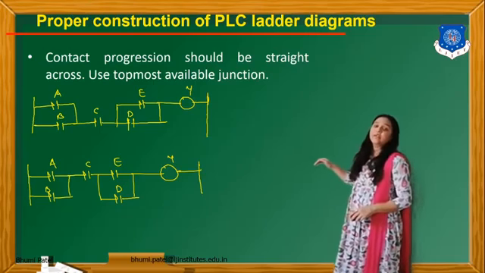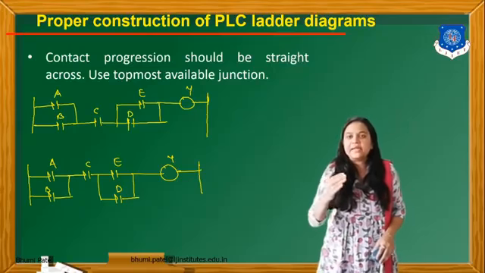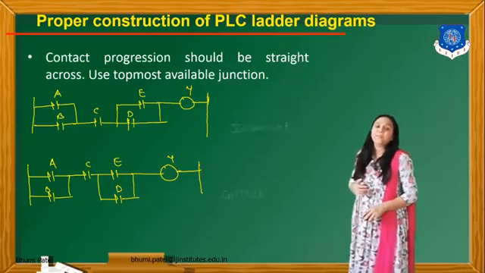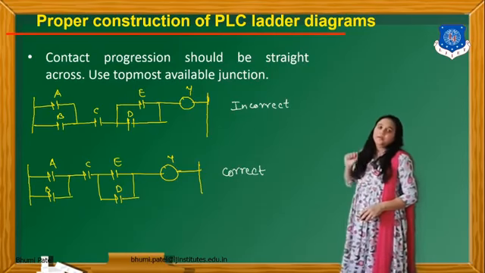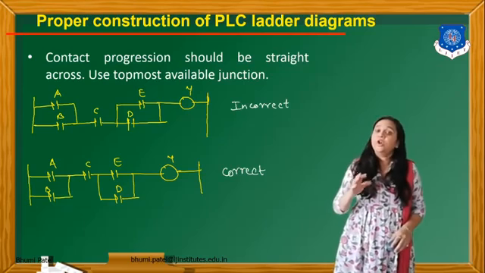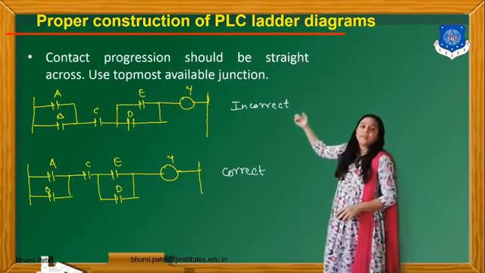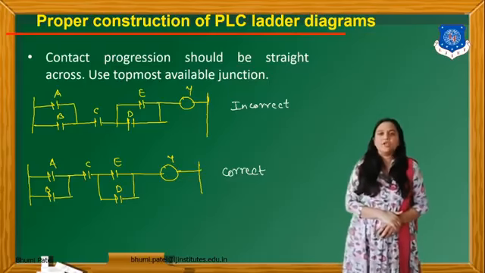So A and B are connected in parallel, then C is connected in series, and D and E are connected in parallel. The first one is the incorrect diagram and the next one is the correct diagram. So we always use the topmost available junction. We cannot make an up-down connection in the ladder logic diagram.